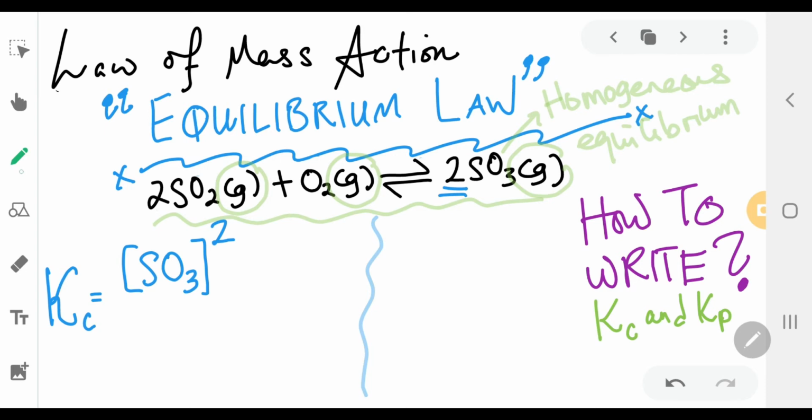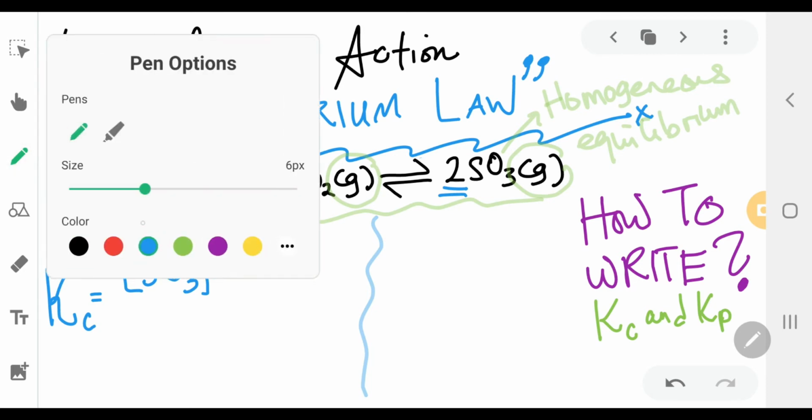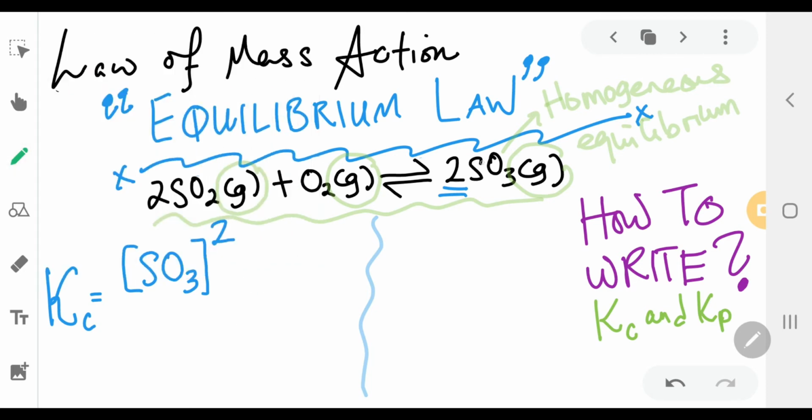Right? And then, next, you're going to go over to the reactant side. So divide by the concentration of your SO2, and then you're going to close that bracket.